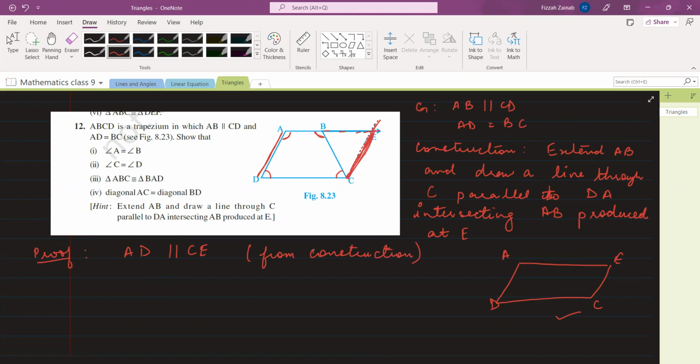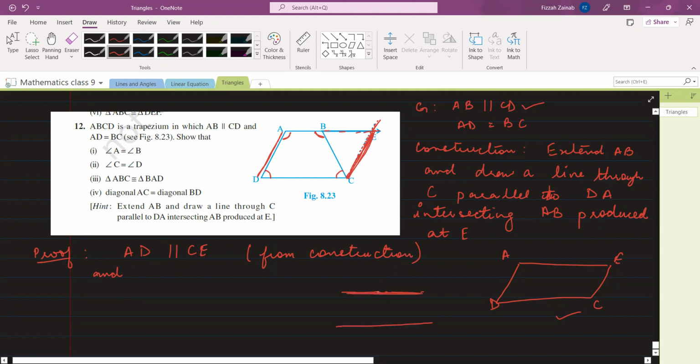So CE is constructed like that, it is parallel to AD. So from construction, AD side is parallel to CE side. And it is already given that AB is parallel to CD, right? So see, if this much part is parallel to this line, and if I extend this part, then this complete line will also be parallel to this complete line, isn't it?